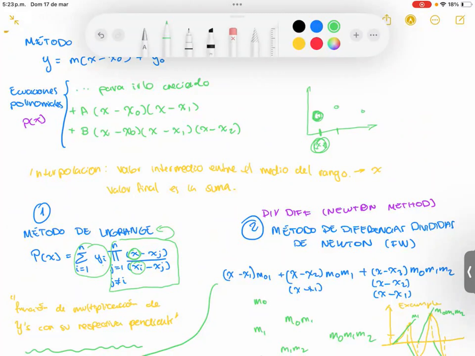will be equal to 1 only in the case where all the values are being multiplied for this one over here.